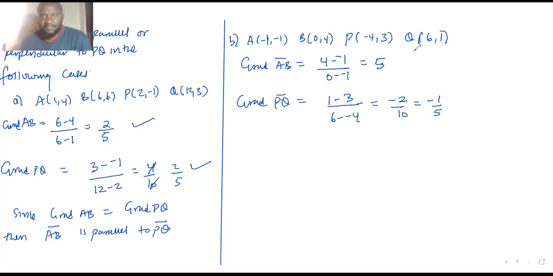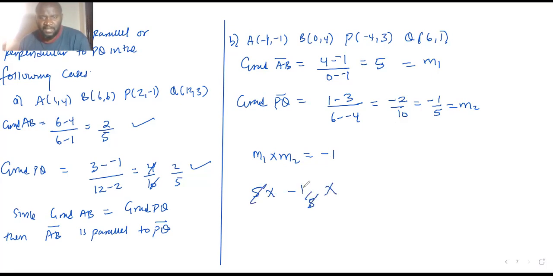When I multiply, if this is M1 and this is M2, when I multiply M1 times M2, I should get -1. Because they are not the same, it confirms they are not parallel. So what do we have? They might even not have any of the two conditions, until you prove that when you multiply them, you get -1. That's when you can conclude that, okay, maybe now they are perpendicular.